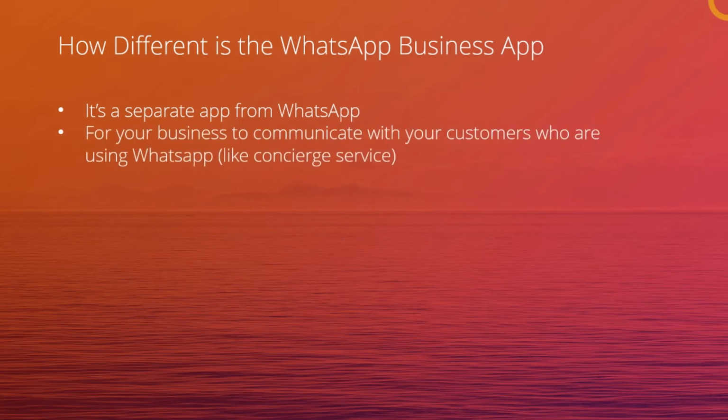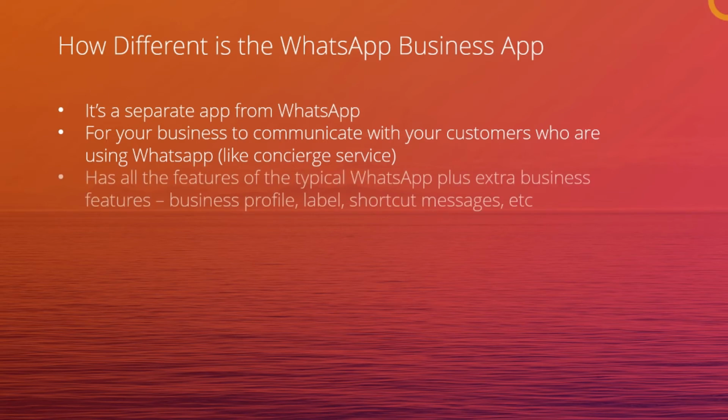The purpose of this app is to allow you to communicate with your customers who are already using WhatsApp. It is like a concierge service that you want to offer to your customers, where they can ask you questions, they can ask for support, and a lot more.